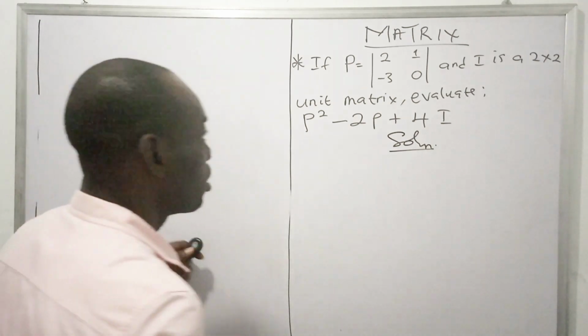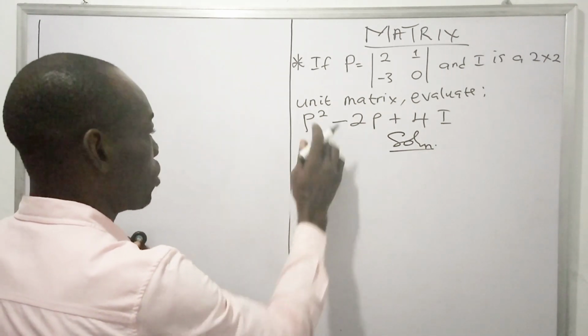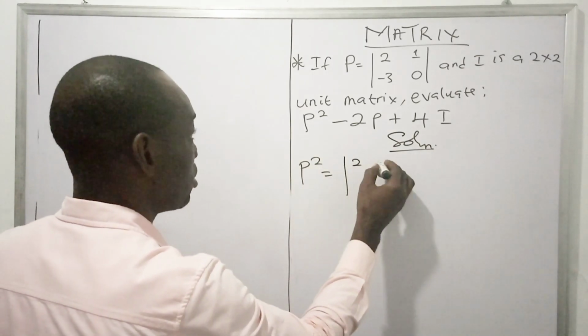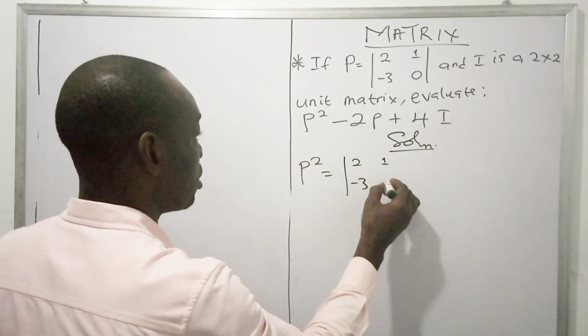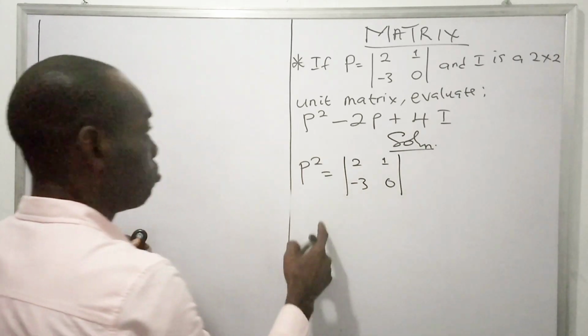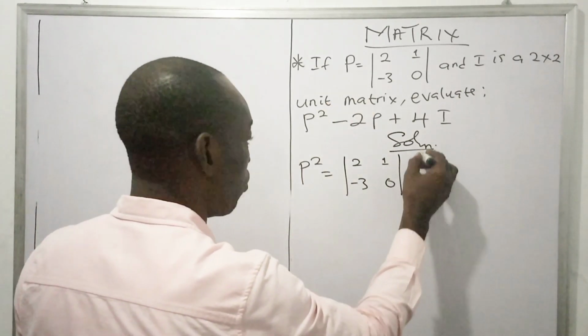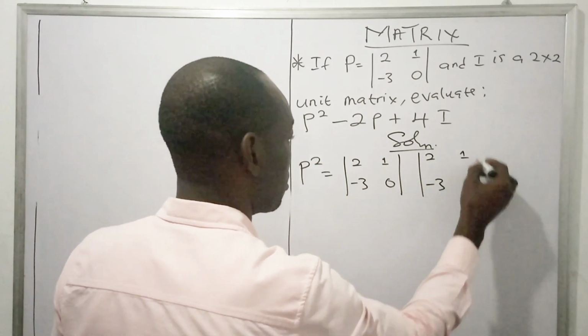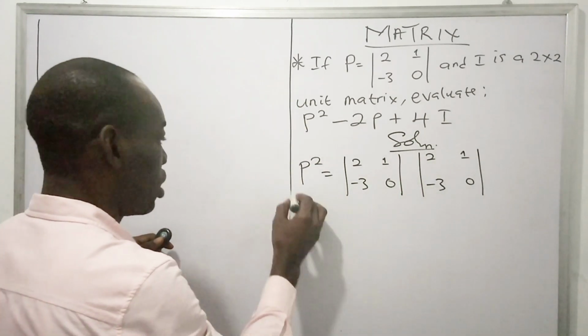So let's proceed. First of all, let's get P squared. P squared simply means we should multiply the matrix P by itself.